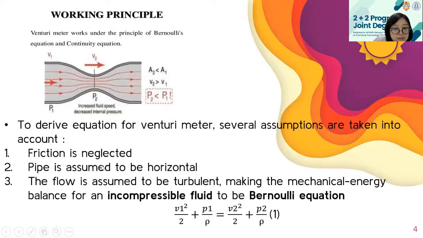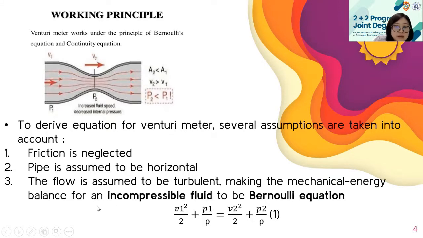Then the pipe is again assumed to be horizontal, only the sizes are different. And the third is the flow is assumed to be turbulent. So during all of this part of the Venturi method, the flow is assumed to be turbulent.